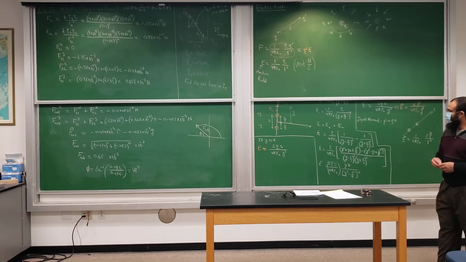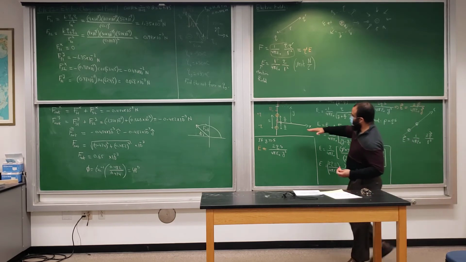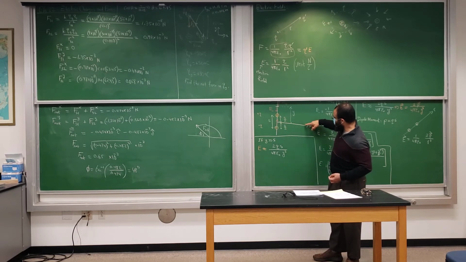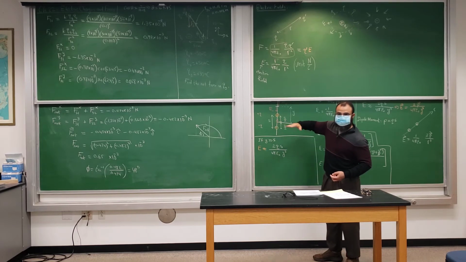Okay. Now, how about the electric field along a plane that bisects the dipole, through the center of the dipole moment? So now we did this, right? We did the one vertical. How about the one on a plane like this? Let's look at the x-axis, because the x-axis will be on that plane.